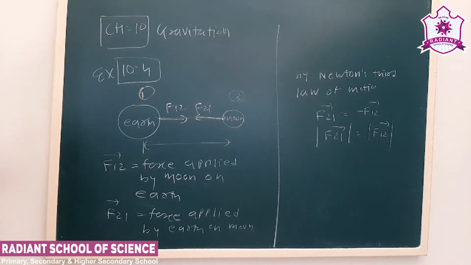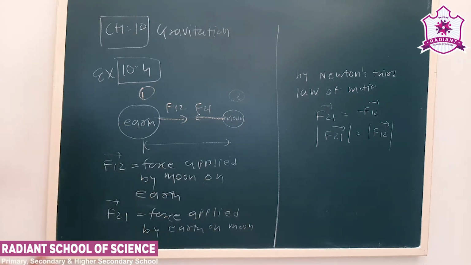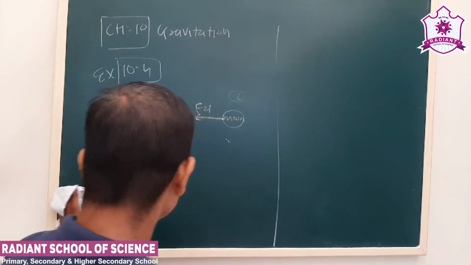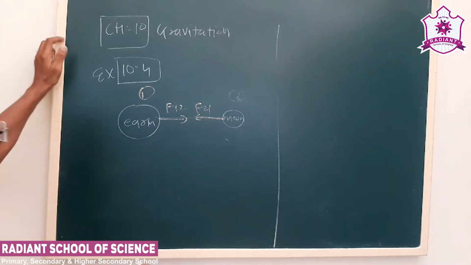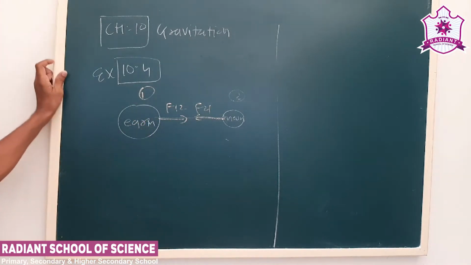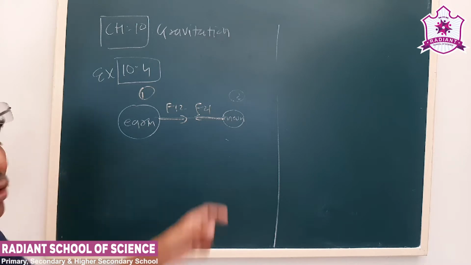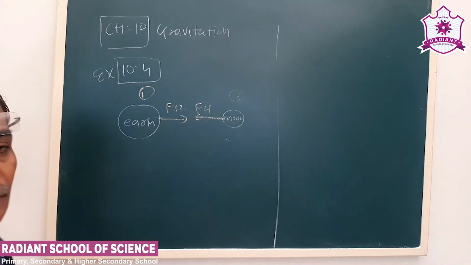Now our next question is related to this same data. The moon is attracted toward the earth. The question is why the earth does not move toward the moon.